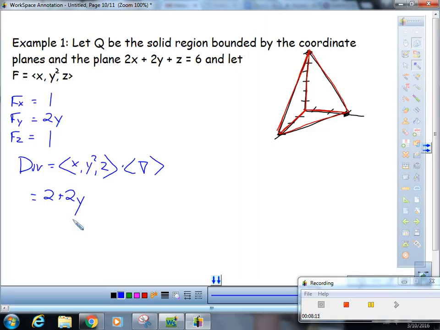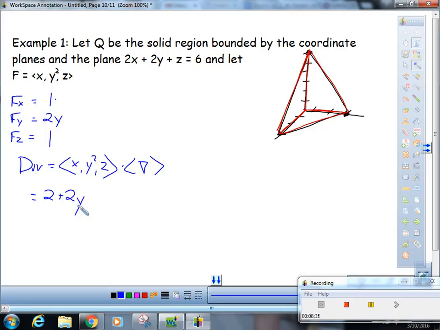Do you see what I did there? That's just a review from 14.2. Basically, you take the partial derivative with respect to x, which is 1, plus the partial derivative with respect to y, which is 2y, plus the partial derivative with respect to z, which is 1. That's a review of how you find divergence.